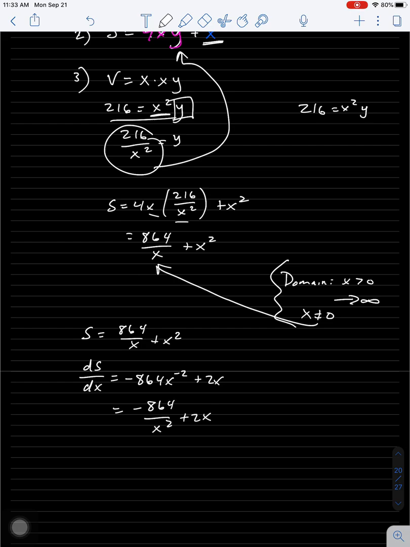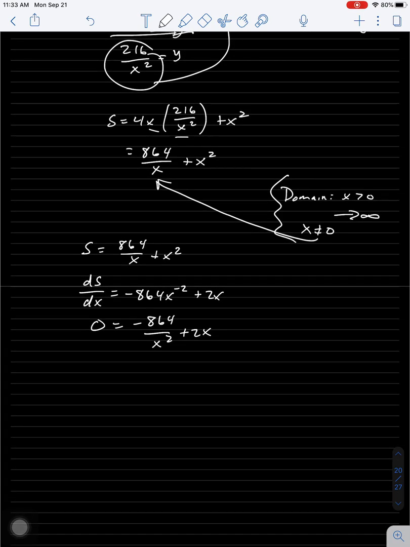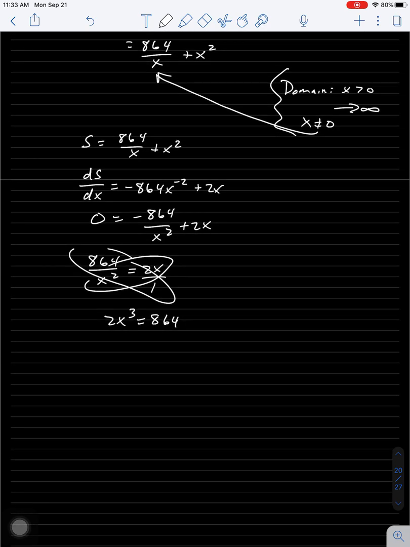And that's what we get here. I'm setting this equal to 0 to find my max value or min value. So I'm going to add over this 864, just to make everything positive, and I'm going to cross multiply here. Okay. So I get 2x cubed equals 864.